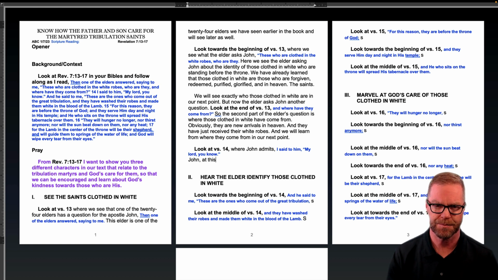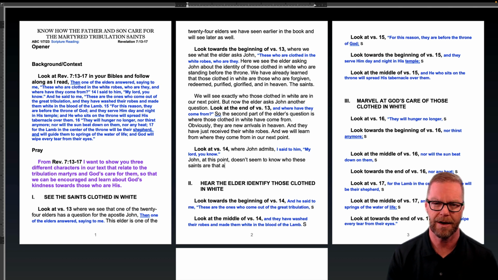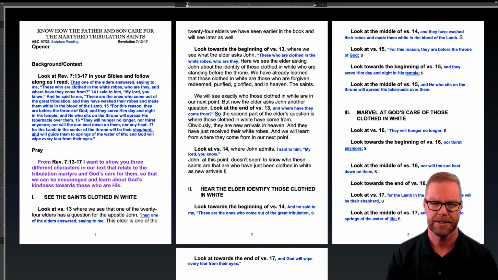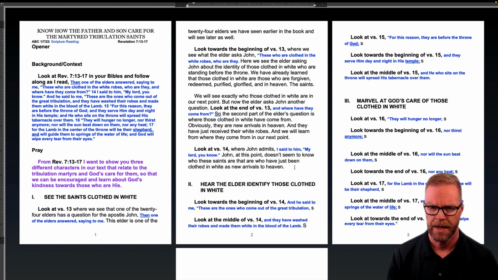John, at this point, doesn't seem to know who these saints are who have just been clothed in white as new arrivals to heaven. Okay, there we go.